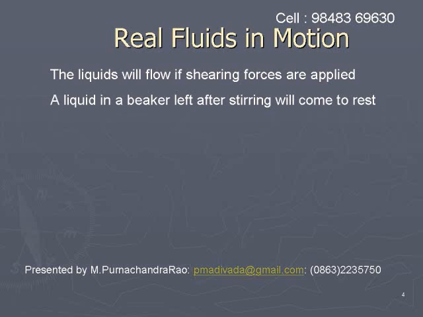So the layers near the center have more velocity, and the layers towards the surface of the beaker have less speed. When we stop stirring, we notice that the liquid comes to rest after some time.